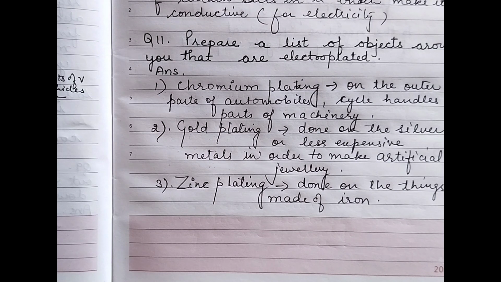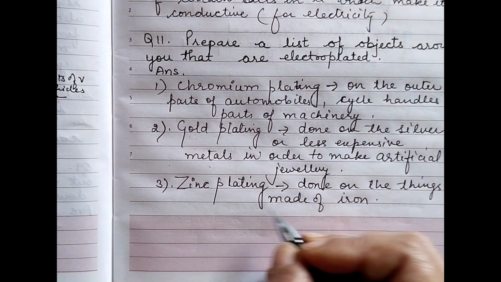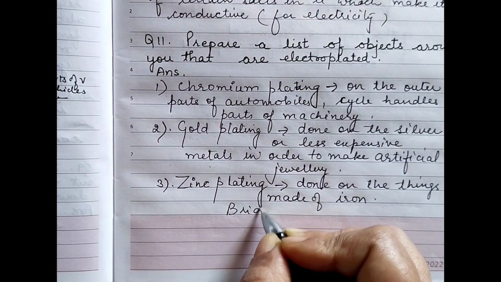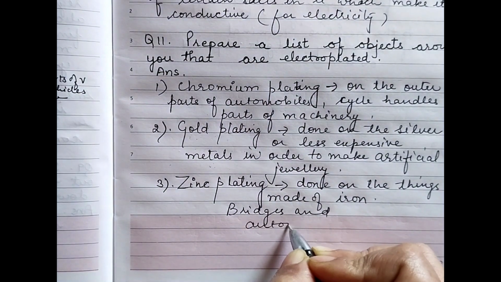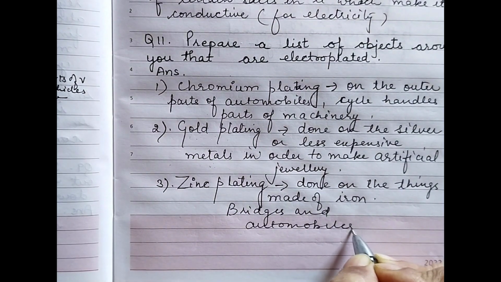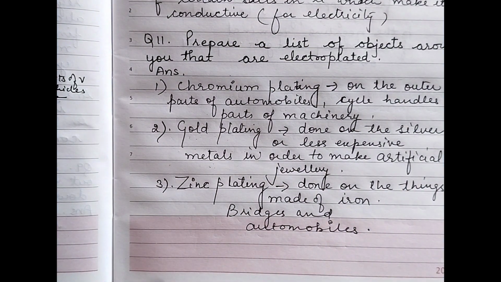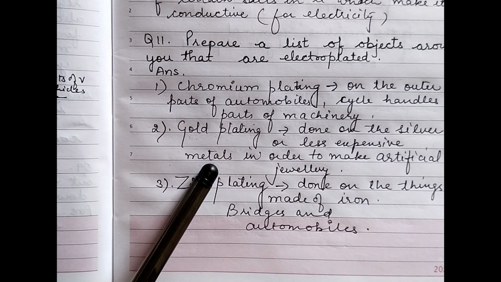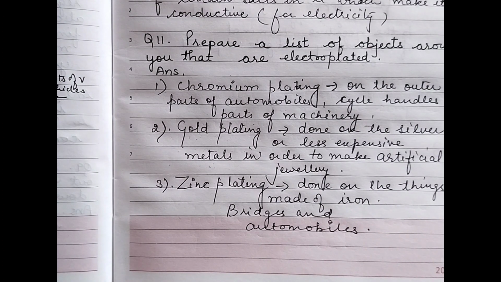To prevent the rusting, we use zinc plating. Now bridges and automobiles are the best example where we do the zinc plating. Now we see the chemical effect of electric current in the process of electroplating.